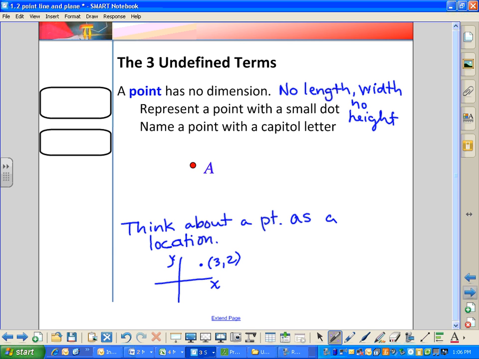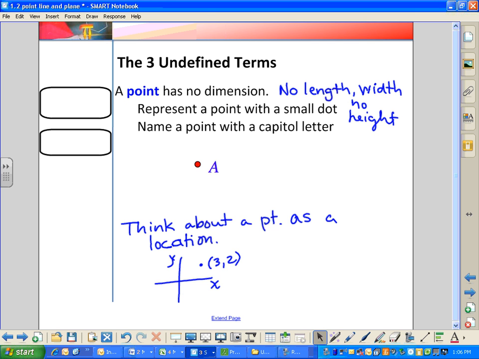Now, when we're naming points, like we have here in this example, we have point A. And when we're naming them, we always name them with a single capital letter. So here we have point A, maybe over here we have point B. We draw a dot so that we can see that, yes, we're actually talking about a point, but we name them with a capital letter.